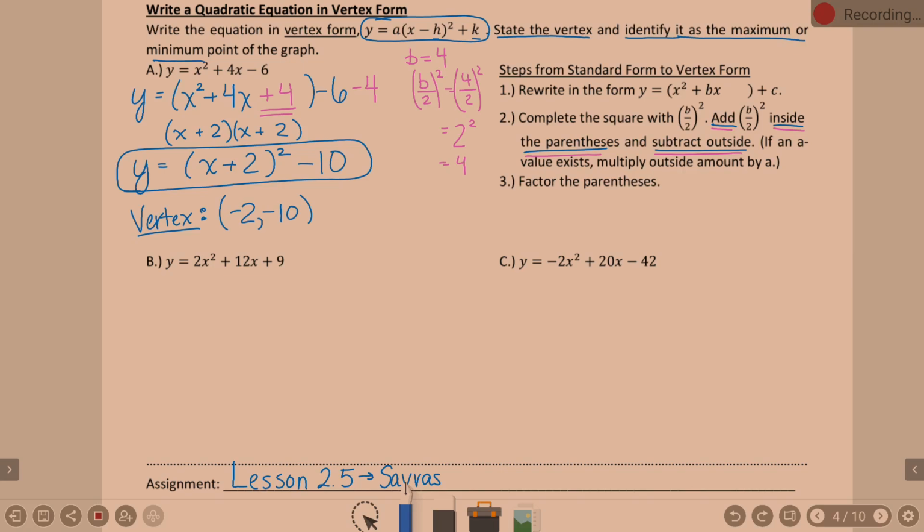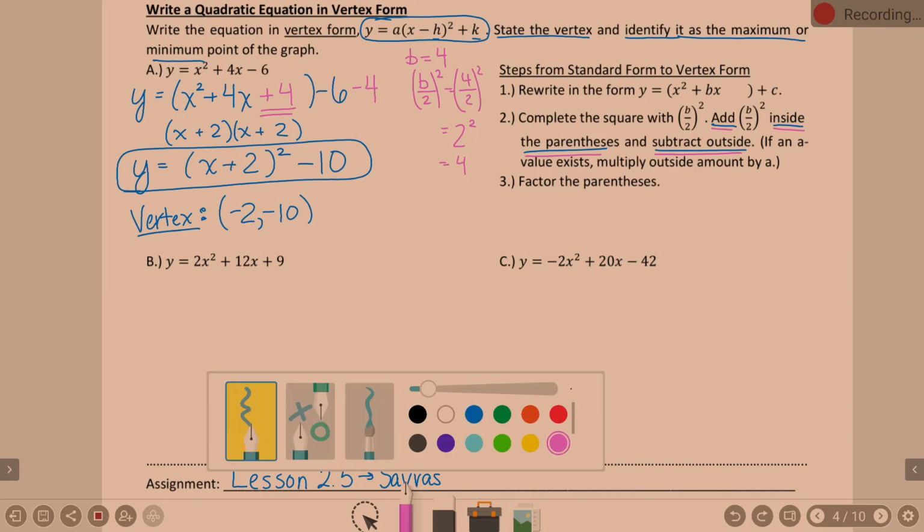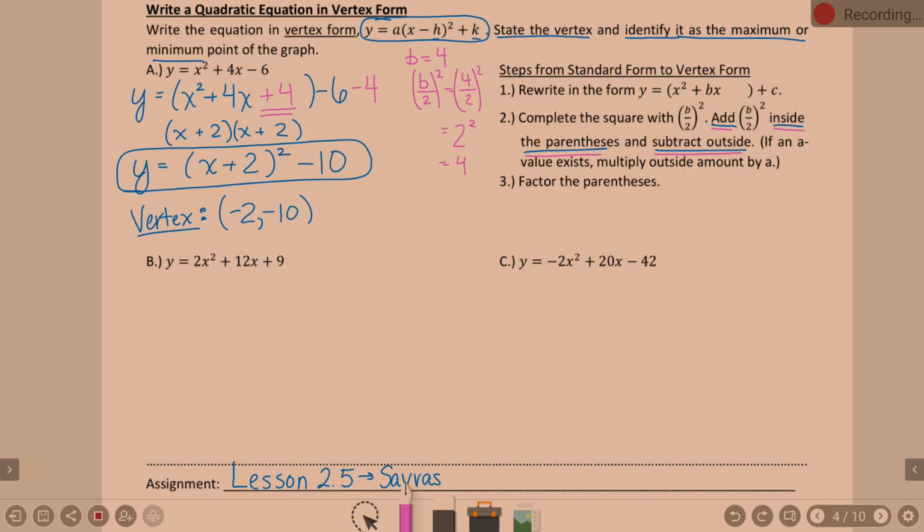Okay, we got both answers out there. Here's going to be my question. Which way is this parabola opening? Up. Is it opening up or is it opening down? Down. What kind of a value do I have out front? Positive.